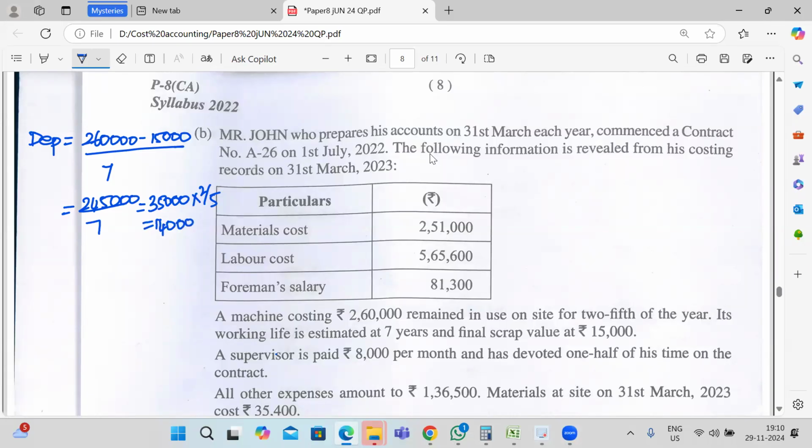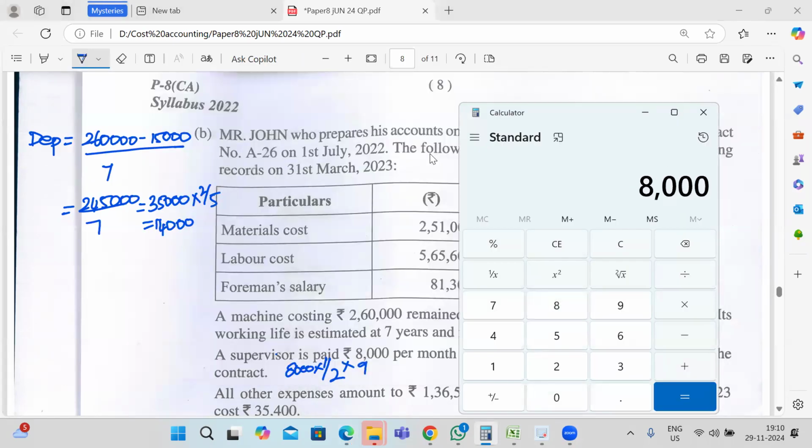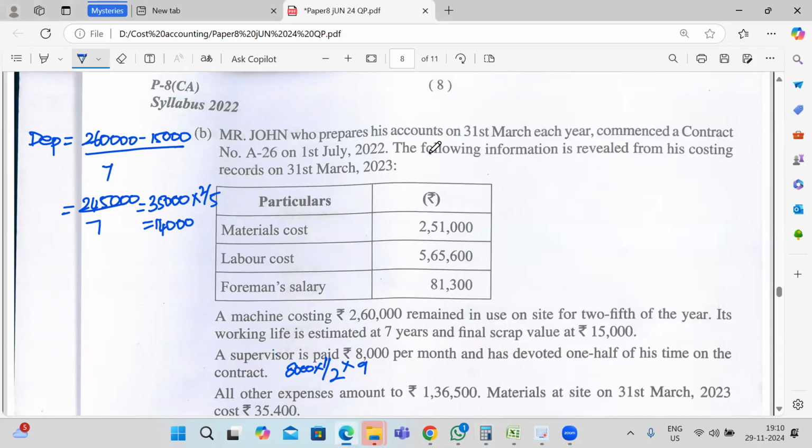Okay. Then we have a supervisor who is paid 8,000 per month and has devoted 1/2 of his time on this contract. So 8,000 into 1 by 2. This is per month. We have from July to March, that is 9 months. For 9 months only we need to calculate. So 8,000 into 1 by 2 into 9 months. That is 36,000 only we need to consider as supervisor salary.